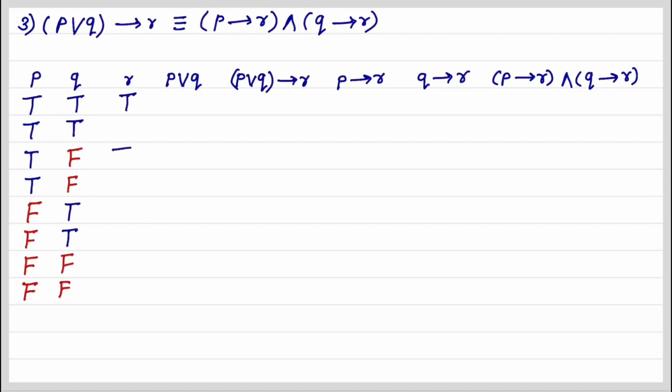For R we have to take alternately true, false, true, false. Here we have to take disjunction of P and Q, and we know disjunction is false when both the statements are false. That means 7th and 8th entry is false and all other entries are true.